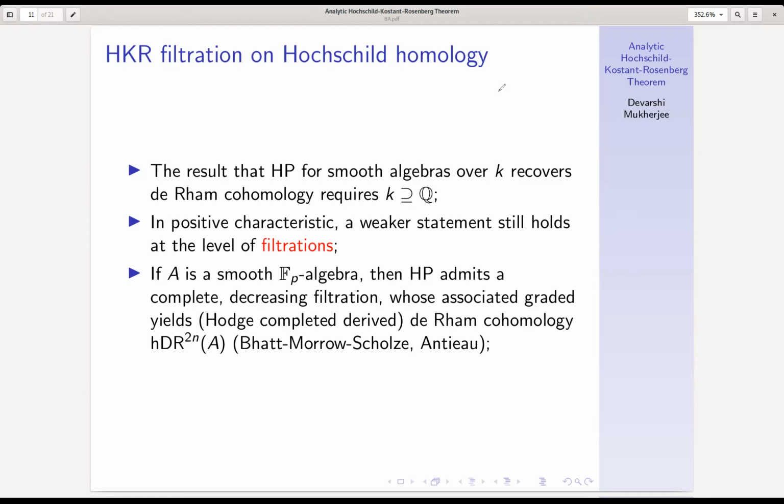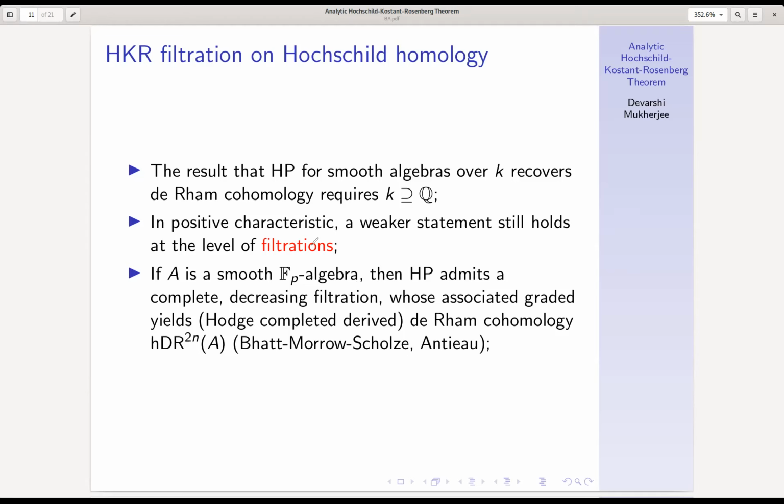As I remarked at the start, to prove that HP gives you de Rham cohomology, you needed to use that your field contains the rationals, you need to divide by some n factorial or whatever. Now, in positive characteristic, there is a similar statement which still holds, but this only holds at the level of filtrations.